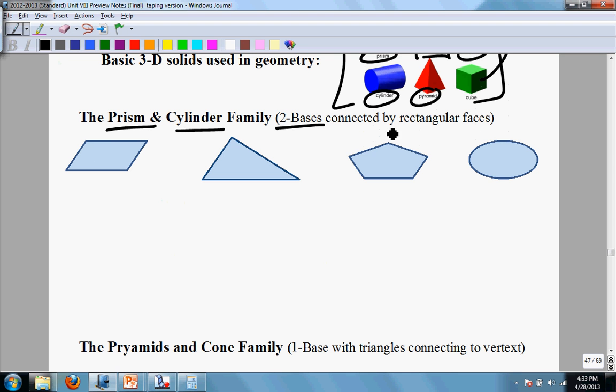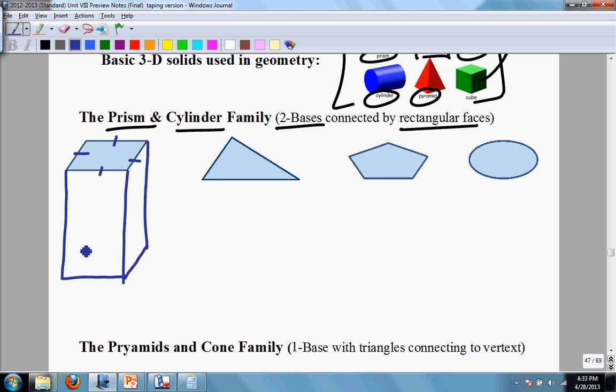It has 2 bases connected by rectangular faces. So what I'd like you to do is we're going to pull these down into a prism. So this is going to be a rectangular base prism. So let's pull it down. Draw this with me. Now watch carefully.